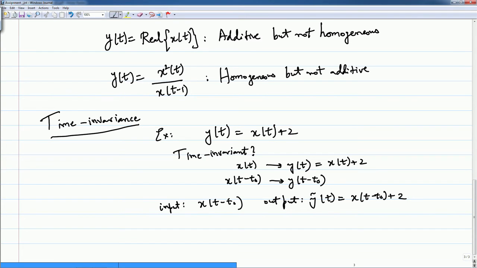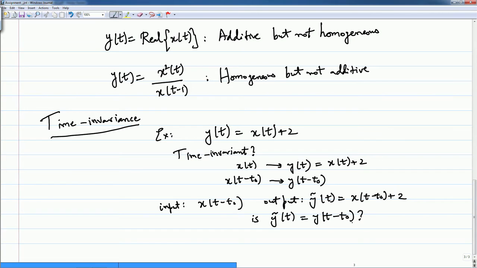Okay. Is that right? So the question now is y tilde of t the same as y of t minus t naught? Okay. So the question is y tilde of t equal to y of t minus t naught for every t? That is the question.